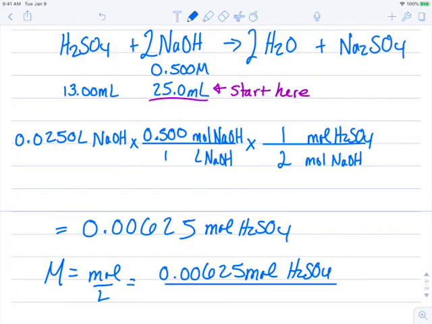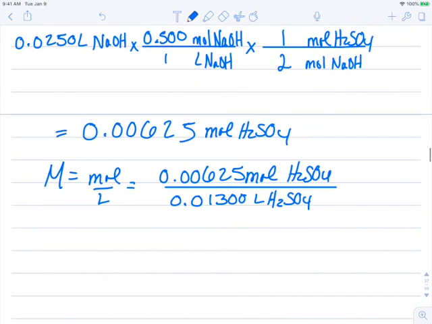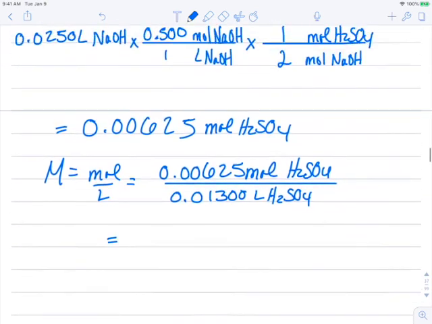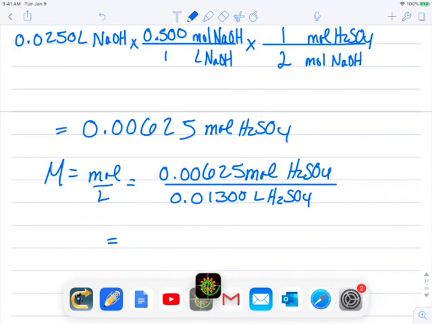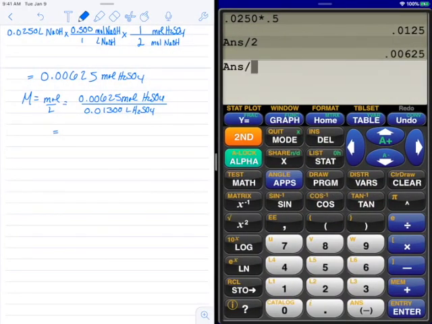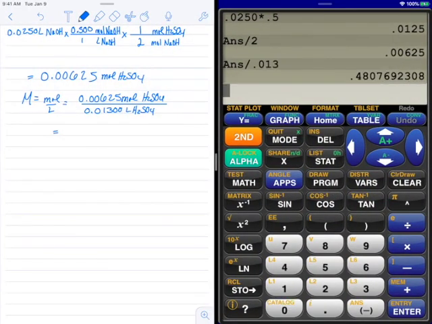So 13 milliliters in liters, which would be 0.01300. Yeah. All right, so liters of H2SO4. So if I divide this, 0.013, it looks like we're going to get 0.481 molar, like so.